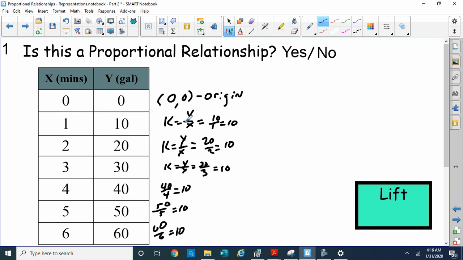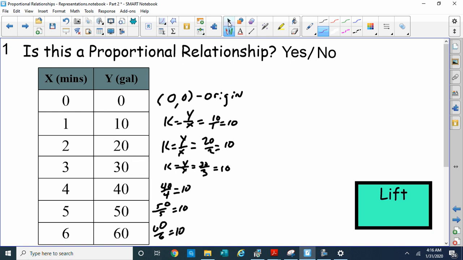So I got 2 out of the 3 things that I need. So let's now look to graph this. I'm going to graph all of these points. Here's my x point, and there's my y point. So I have my coordinates here. There's the origin, 0, 1, 10, 2, 20, 3, 30, 4, 40, and 5, 50, 6, 60.